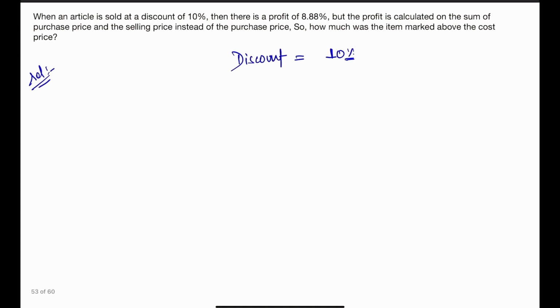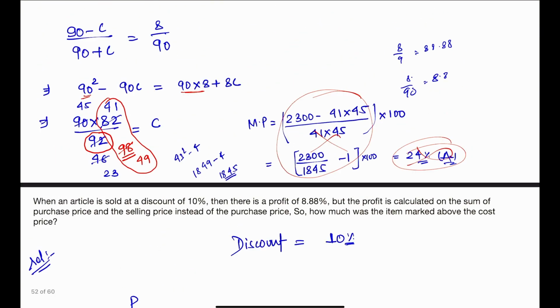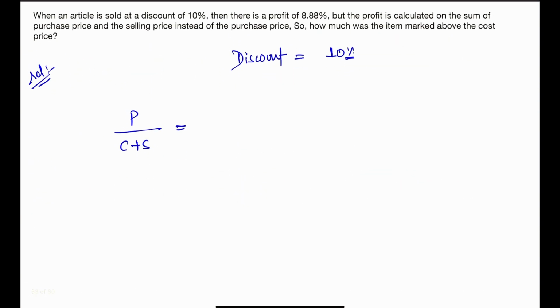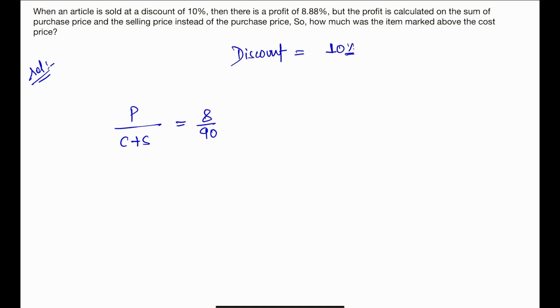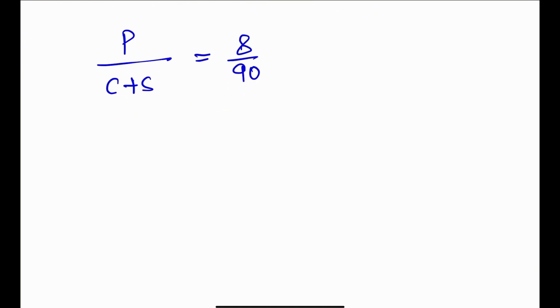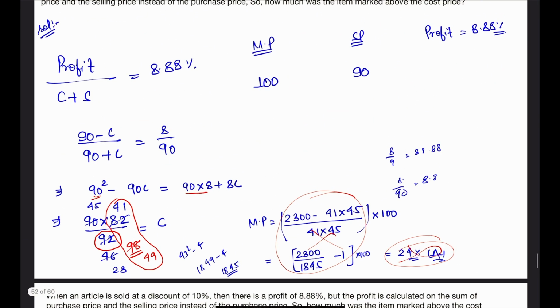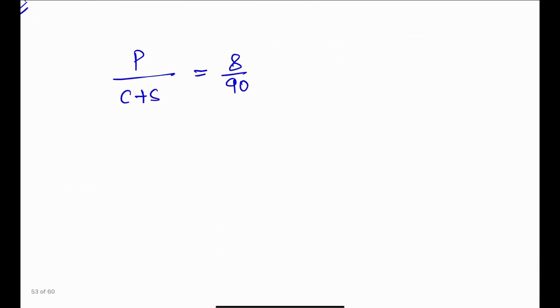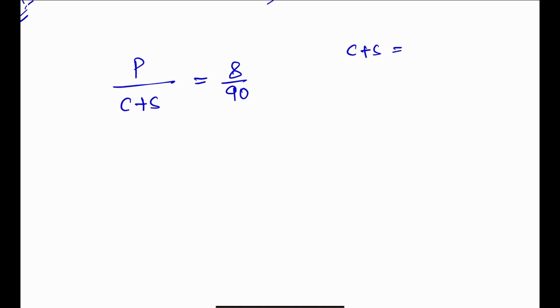So can I say that my profit upon selling plus cost price equals 8.88, we have already calculated, and this is the correct value, 8 upon 90. So instead of taking any value, earlier I did take a value, but if I don't take a value, can I say that C plus S is 90 units, 90x, whatever I want to take, right?